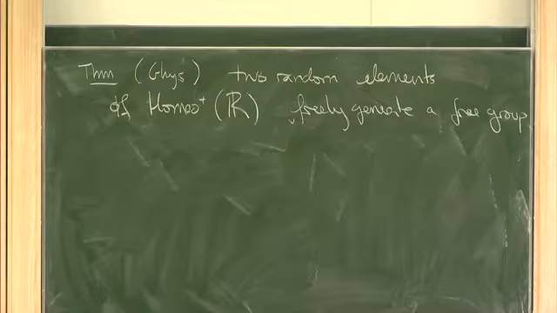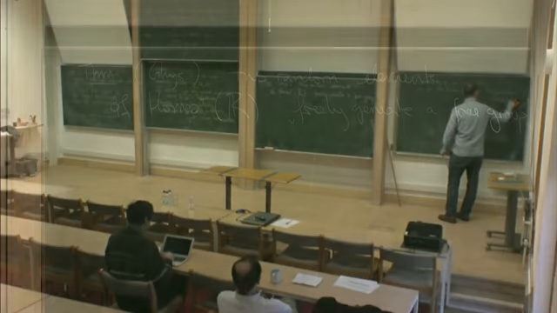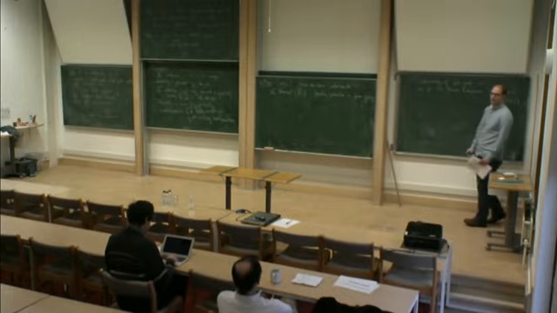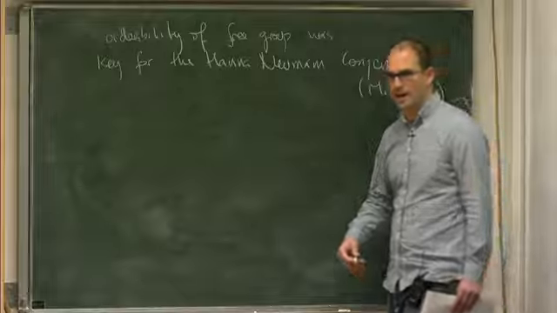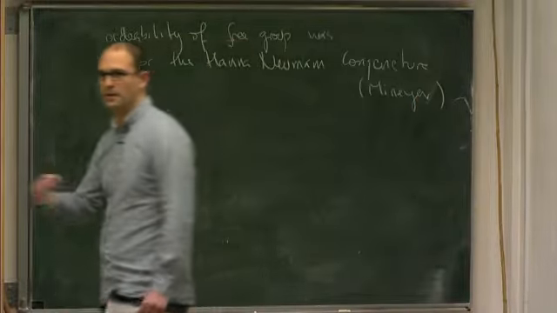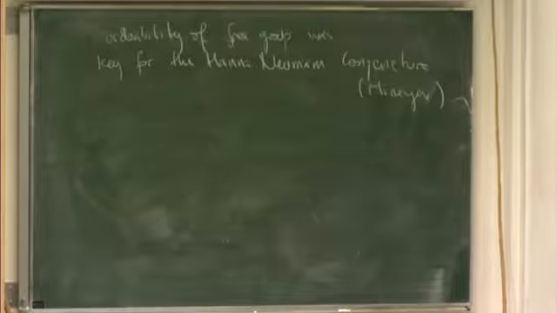At least if you follow what Mineyev did, he really needs the extra structure of being orderable on the free group to prove the Hanna Neumann conjecture.